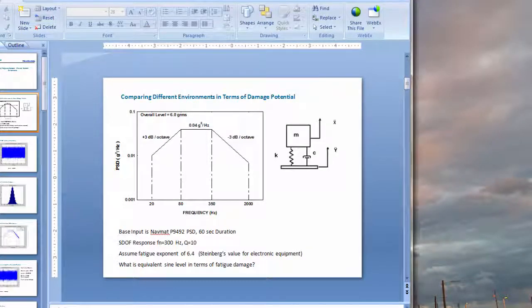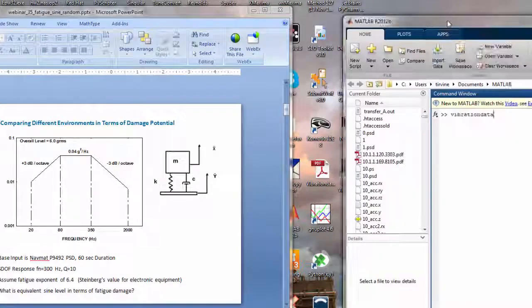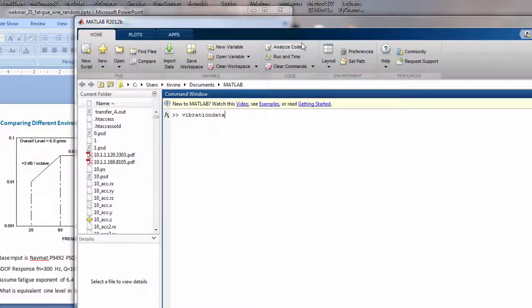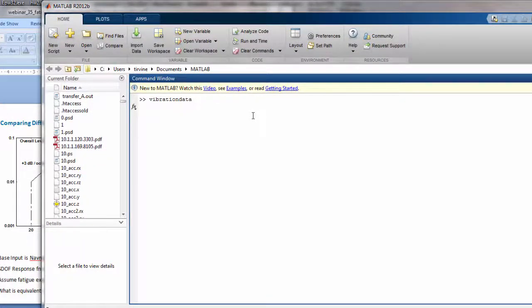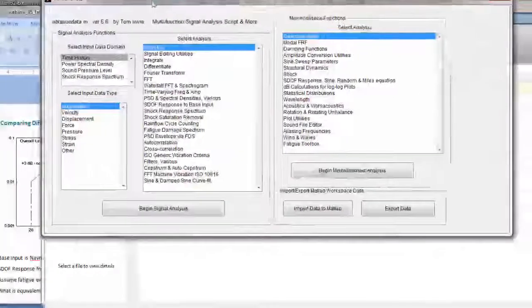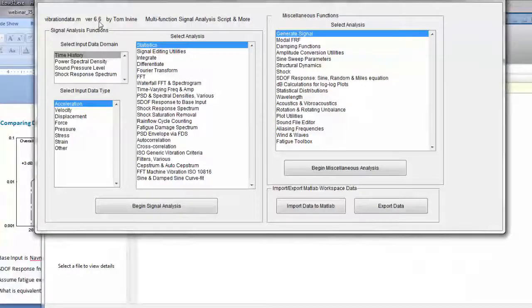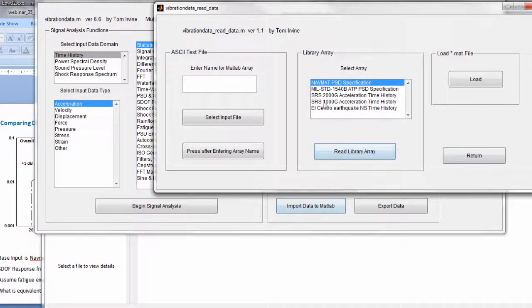So let's go to our MATLAB GUI package, our vibration data MATLAB GUI package. And the first part of this will just be a review exercise, but we're going to add some things to it. So this week we're up to version 6.6 and rising. So let's import some data to MATLAB. As you should recall, we have the NavMat PSD specification as a library function.